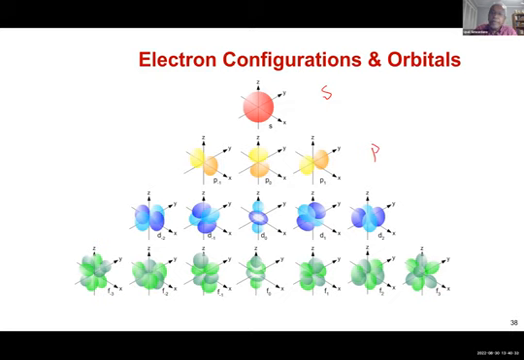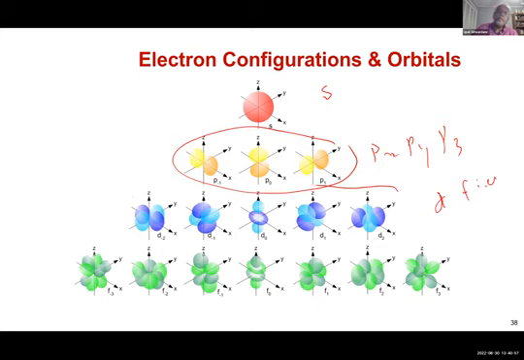The second wave shape is p: there are three p orbitals, px, py, pz. You see those three shapes here. The third shape is the d orbitals. There are five of them. Do you see five altogether here? 1, 2, 3, 4, 5.